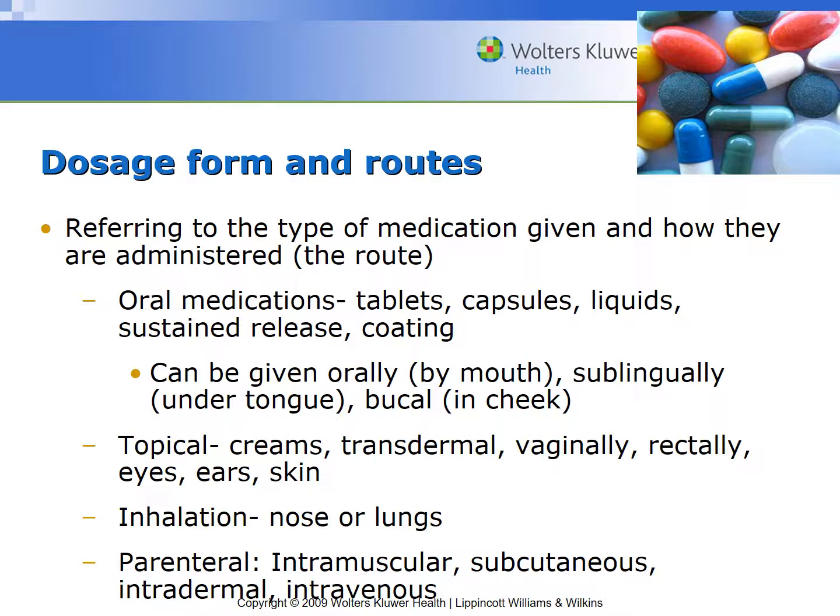One that comes to mind is OxyContin. OxyContin is a pain medication that is a controlled release, and it's meant to last like a 24-hour period. Several drugs come as a sustained release, time release, controlled release medication.